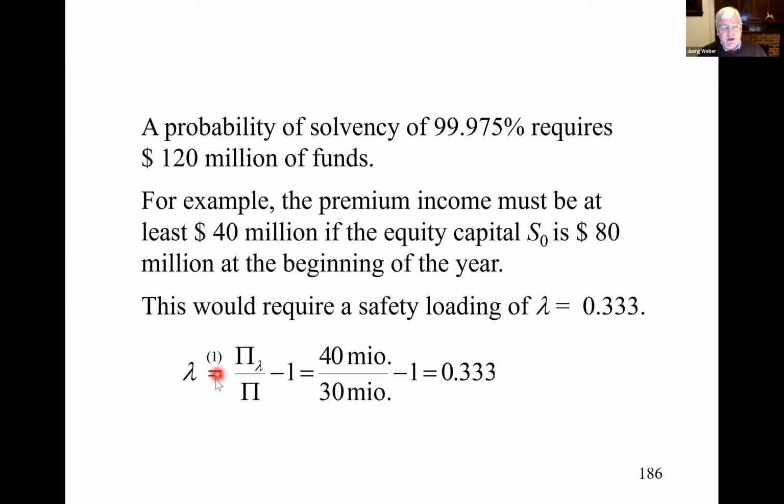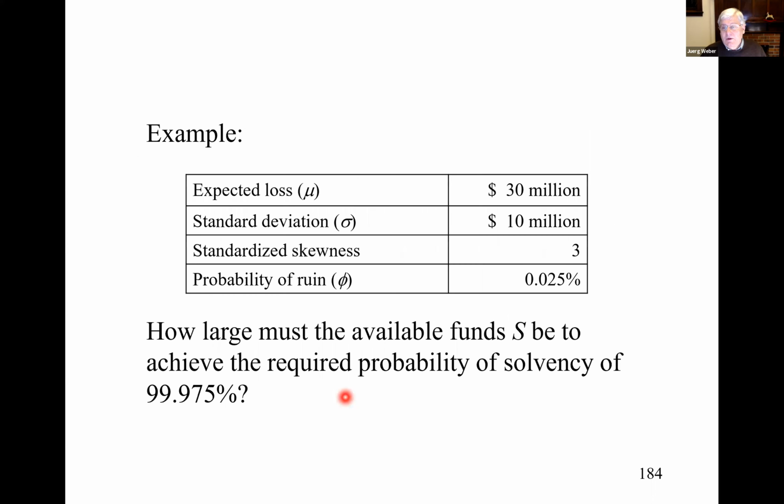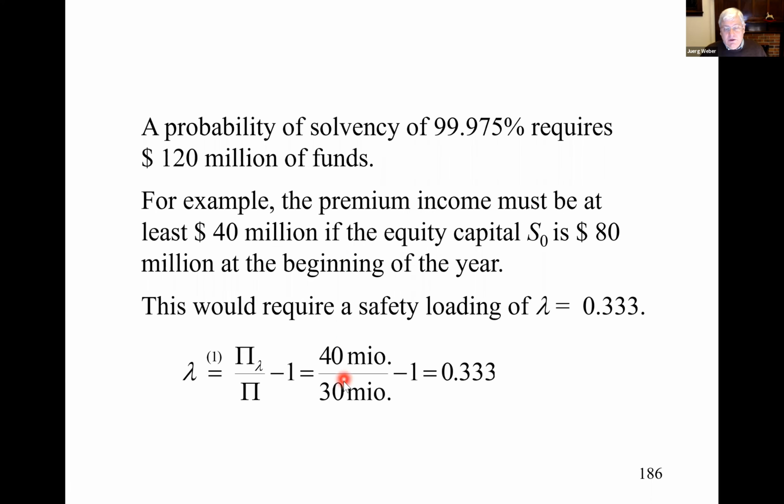Here you just use equation 1 from the very beginning in this chapter. Just solve it for lambda, the safety loading. So the premium income would be 40, then 30 million would be the expected loss, and you get here a safety loading of 0.333, or 33%.